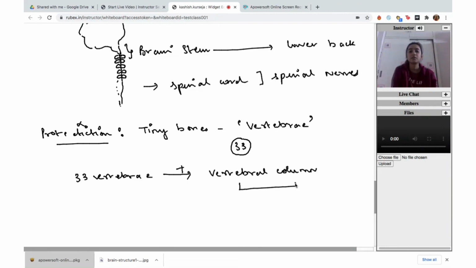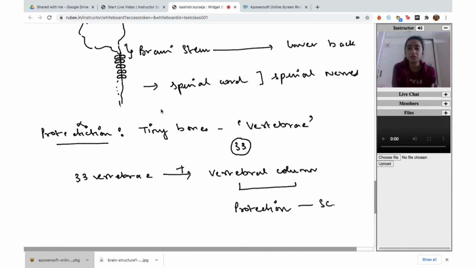And this vertebral column is important for offering protection to your spinal cord. Okay, this is how it remains safe. As a 33 vertebrae, and you can literally just feel them running down your back, right? You can just see how they're running down your back.